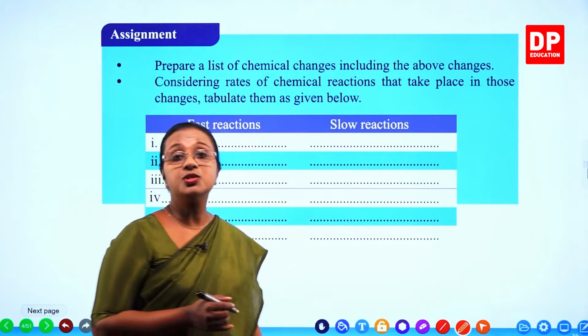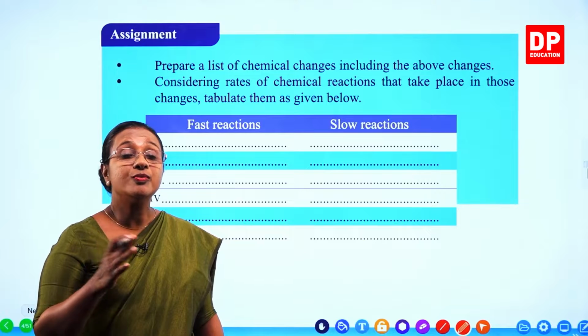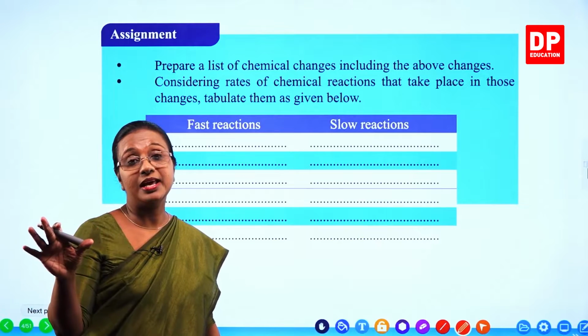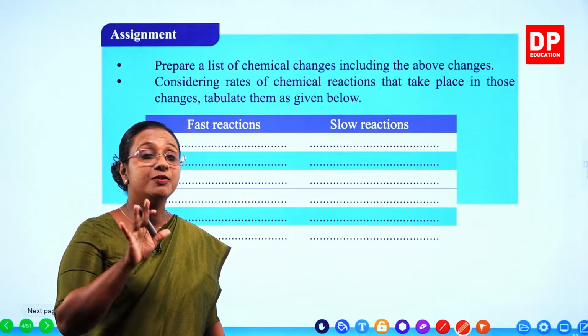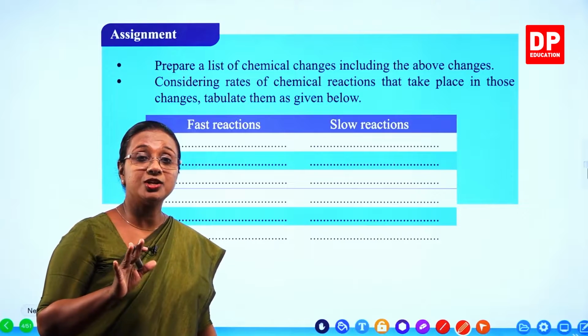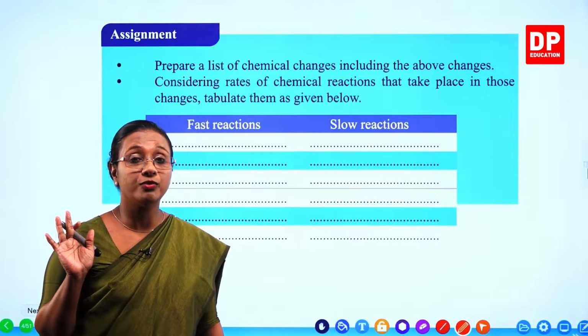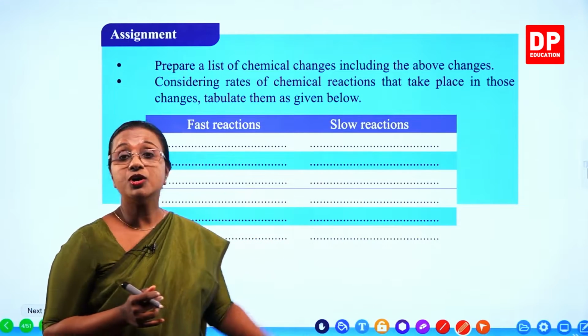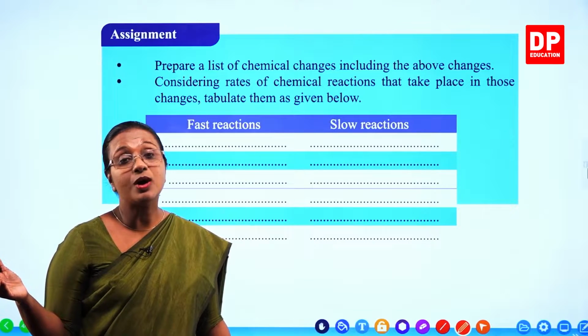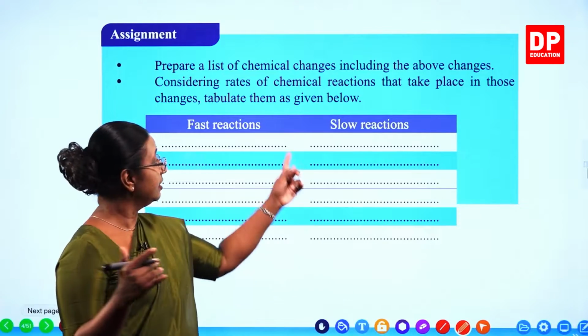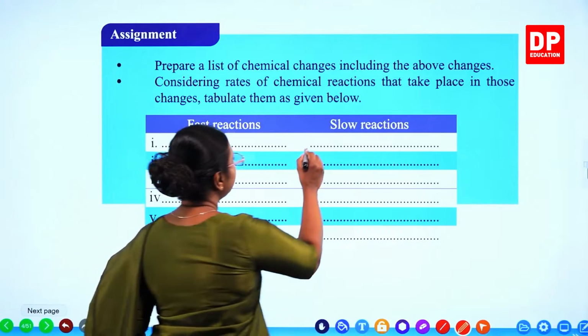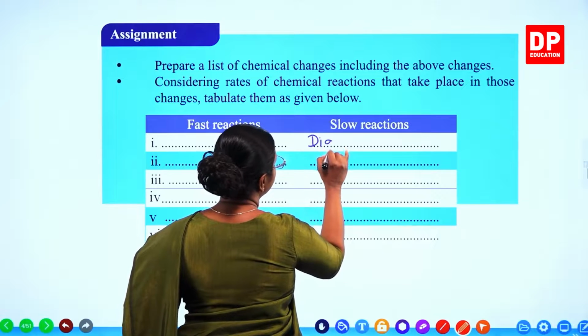Second column, slow reactions. So you will have to separate them out. So if you remember, the first reaction I wrote was digestion of food. Is it fast or slow? It takes few hours. So we can put it under slow reaction. Digestion of food.